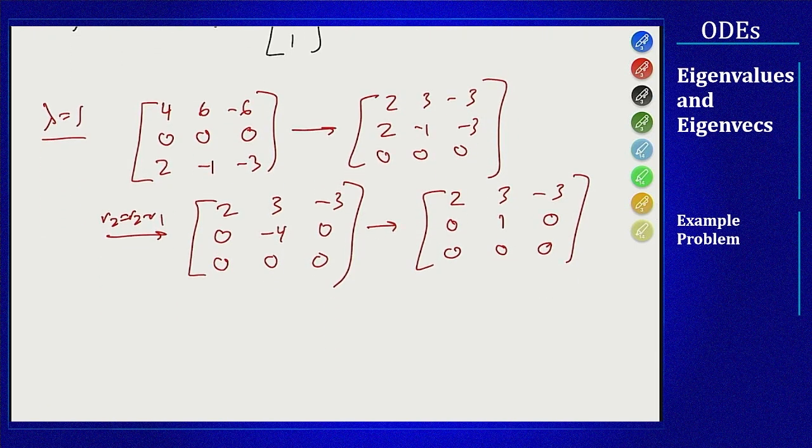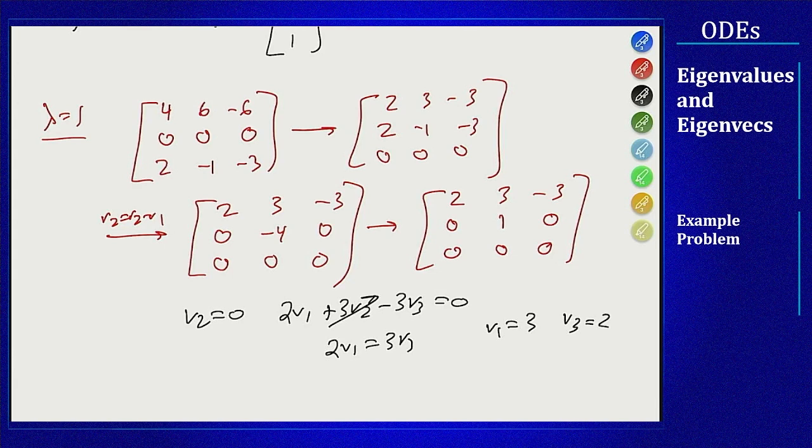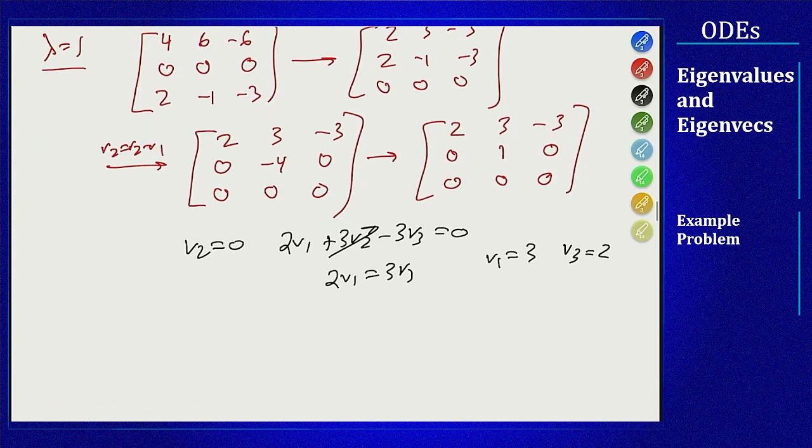So again, as equations, we have that v2 must be 0, 2v1 plus 3v2 minus 3v3 is 0. v2 is already 0, so that's just gone. 2v1 is 3v3, so I can set v1 to be 3 and v3 to be 2. Which with v2 being 0 gives me my eigenvector. For lambda equals 1, the vector that I get is 3, 0, 2.